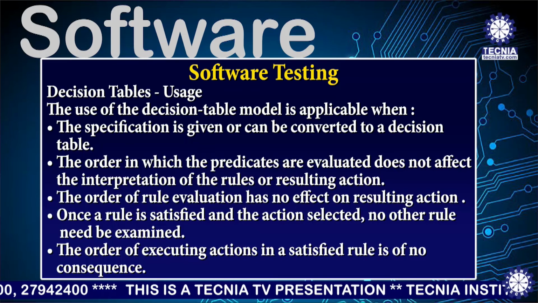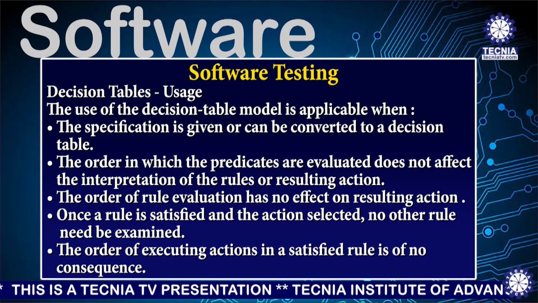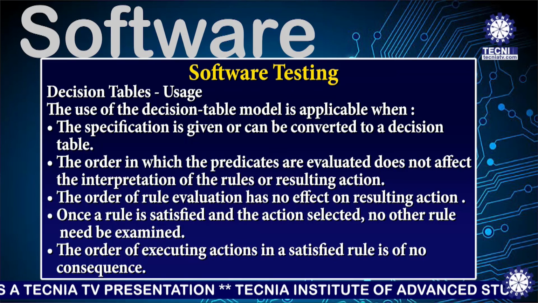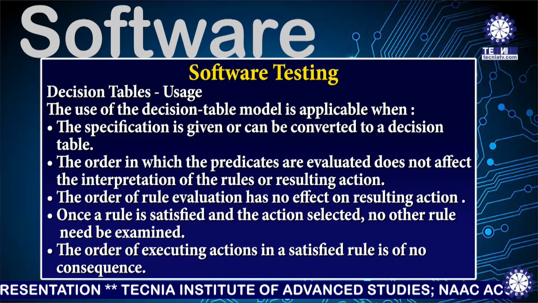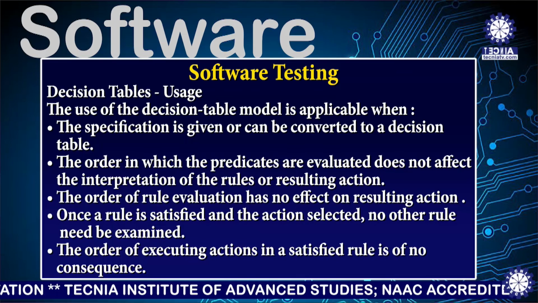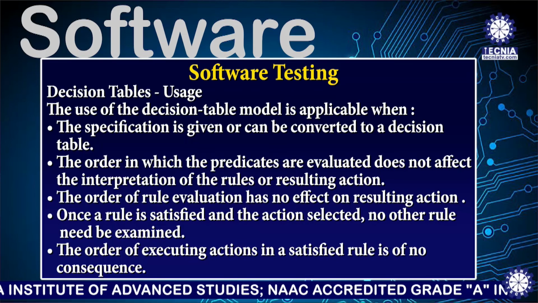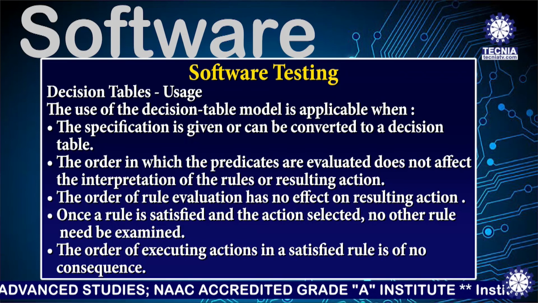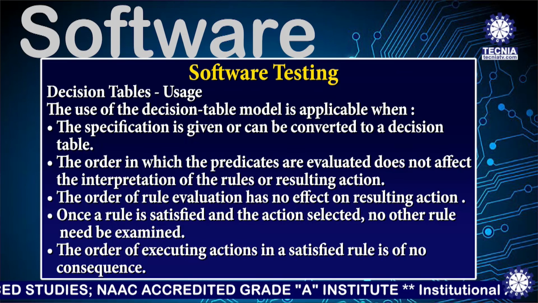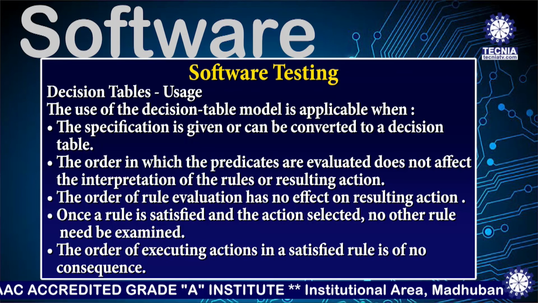Once a rule is satisfied and the actions are selected, no other rule needs to be examined. And finally, friends, the order of executing actions in a satisfied rule is of no consequence. Decision tables are used everywhere, and in decision tables we have some conditions and some actions.